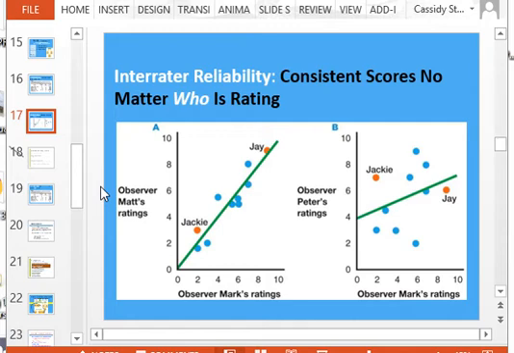What we want is high inter-rater reliability, meaning that it's probably the case that the behavior that the two raters are viewing is consistent, is the true behavior. And if we get something like this, low inter-rater reliability, then we're not sure who's right, and we probably have to redesign the study a little bit.